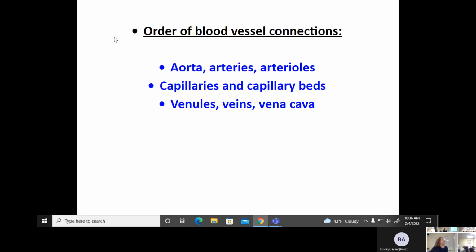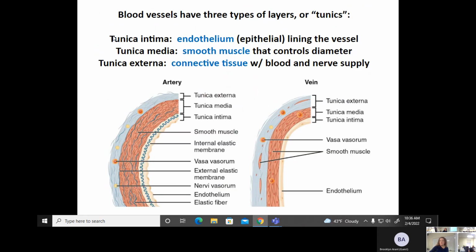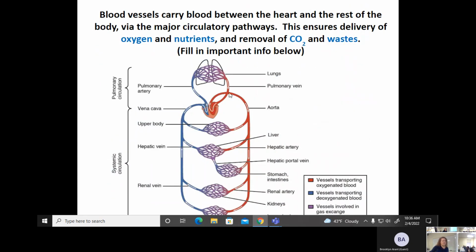So you might put a star here on this slide and then put a star here, because they're talking about the same thing. So we've got aorta, and then we've got arteries someplace, and then they go into little arterioles, and then they go into capillary bed, then venules, then veins, then vena cava, then back to the heart.